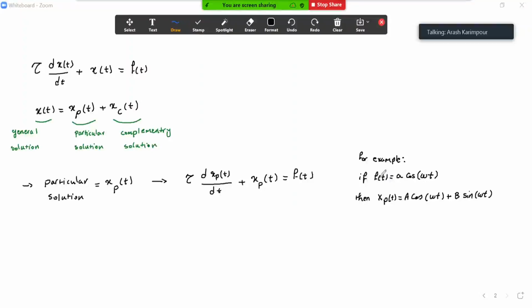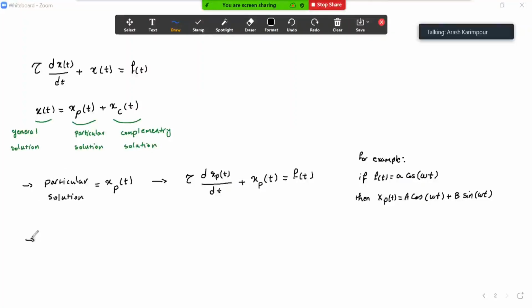Depending on how the f(t) is going to be, the xp is going to be something. The only thing is that when you have the xp, you have to go ahead and substitute it in the original differential equation, and it should satisfy that. So this is for the particular solution.